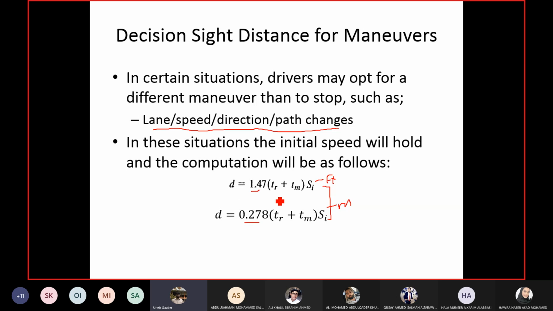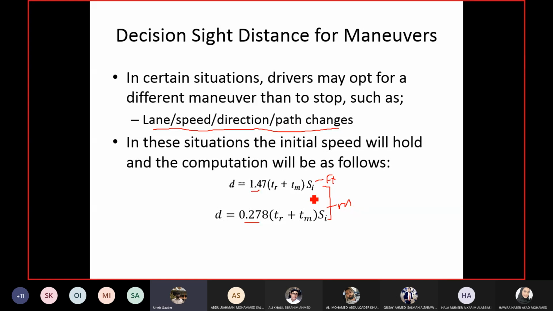And since we have two times, reaction time and maneuver time, we are adding both of them. Here there's an assumption that the speed is not changing. You can see SI is the initial speed. There's no other value here. So that means we are assuming that during the maneuver, the driver doesn't change his speed. Now this is a safe assumption. This is like a worst case scenario, because normally when you are avoiding accidents, you will reduce your speed.